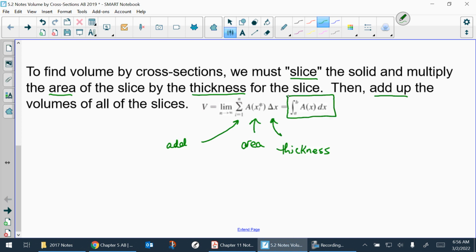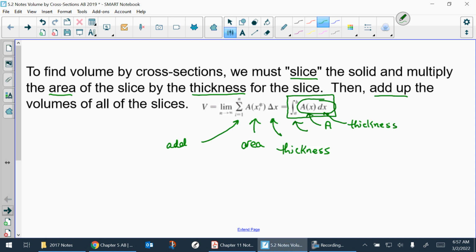And hopefully you're thinking in your head, an integral can add an infinite number of things together. And so we're going to take the area times the thickness, and starting at some value and ending at another value, we're going to add an infinite number of those slices together. An infinite number of these volumes will be added together to get the volume of the entire figure.